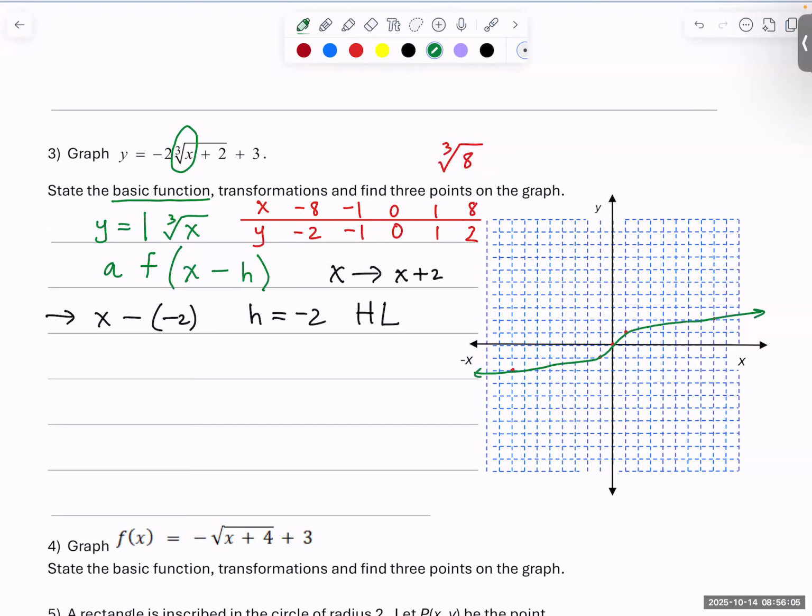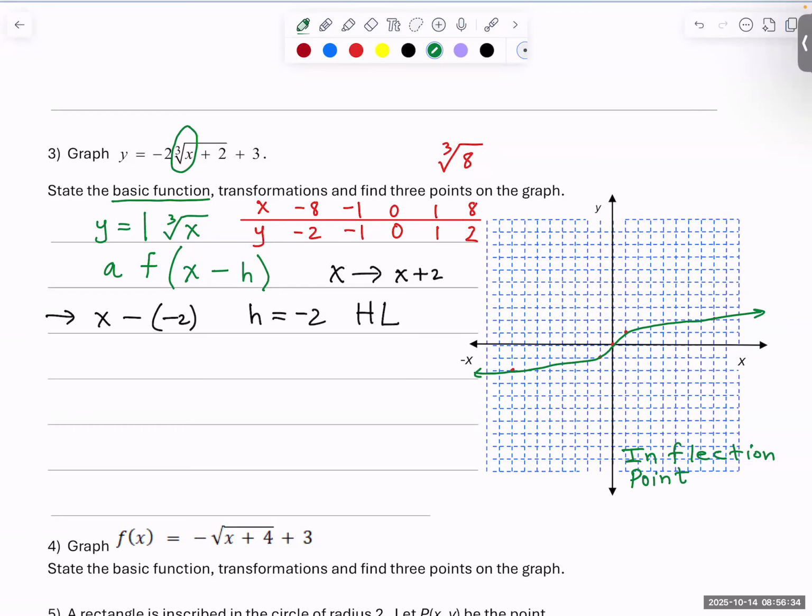It's not a turning point because a turning point is a local max, like top of a hill, or a local min, like the bottom of a valley. Here, the concavity changes at the origin, and when concavity changes from concave left in quadrant 3 to concave right in quadrant 1, we have an inflection point at the origin.